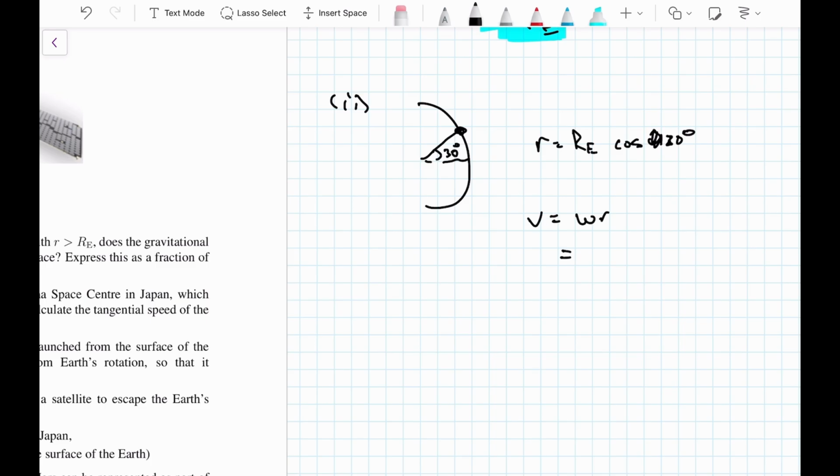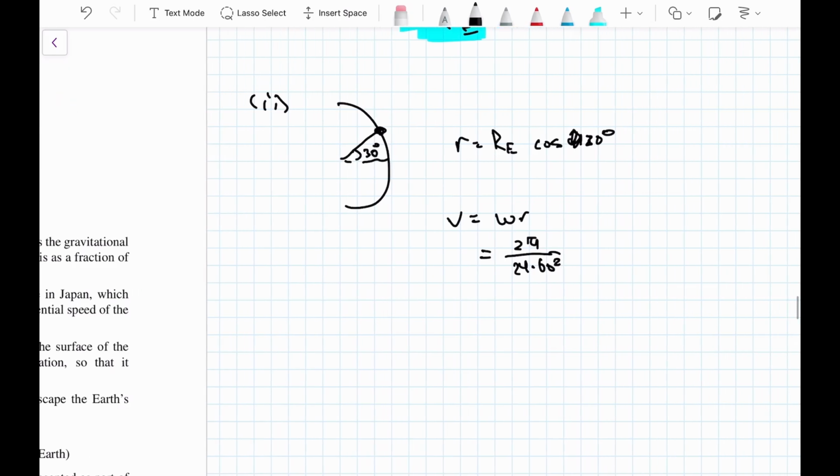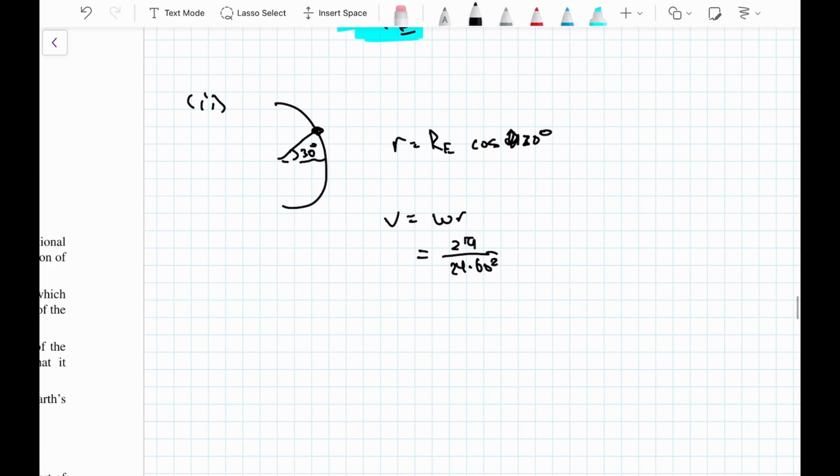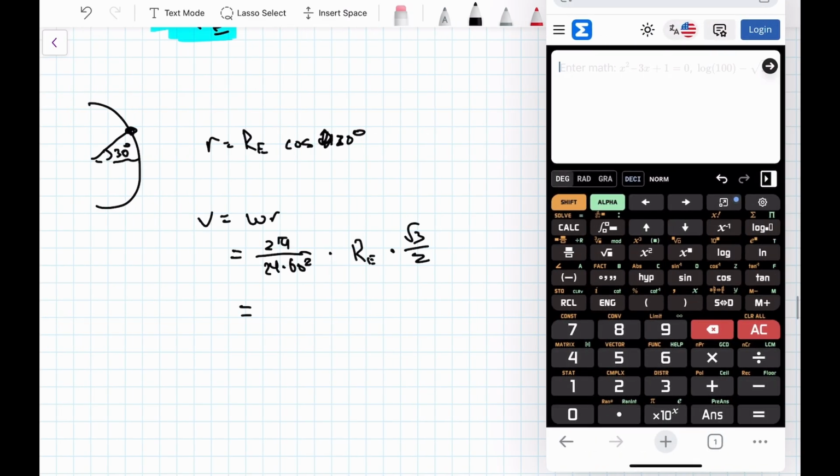Omega is equal to 2 pi over the spinning period of the Earth, which is 1 day, so 24 multiplied by 60 squared. Then we multiply it by Re cosine of 30 degrees, which is root 3 over 2. And then we can calculate this.